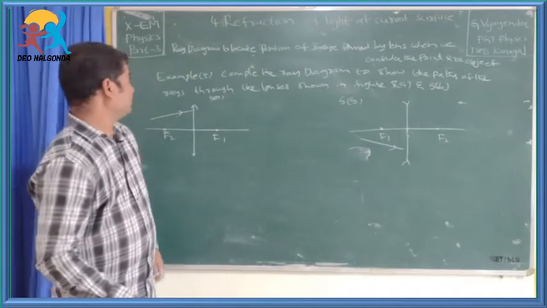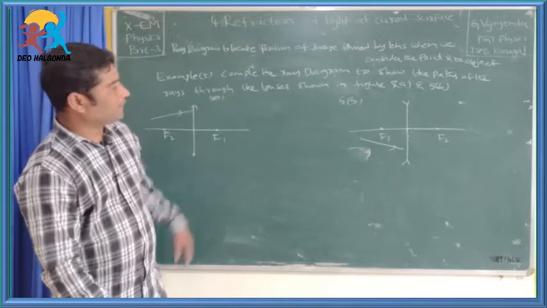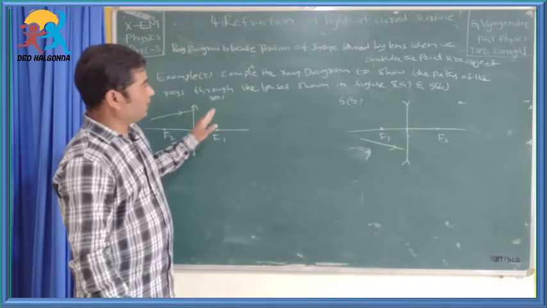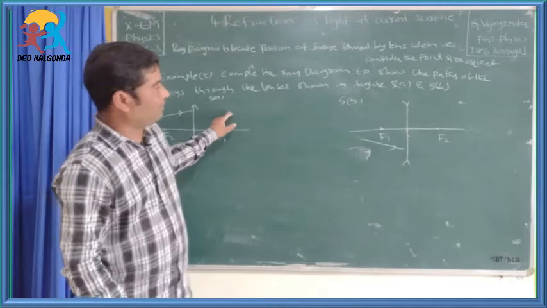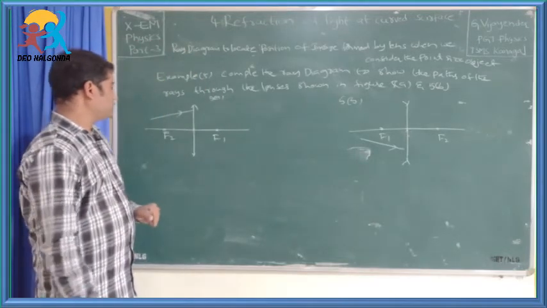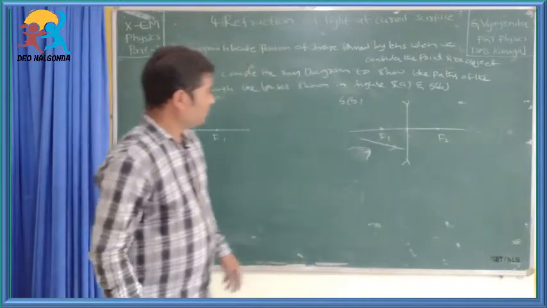Now, in the next example 5, complete the ray diagram to show the paths of the rays through the lenses shown in figures 5a and 5b. In 5a, we have the convex lens. In 5b, we have the concave lens.